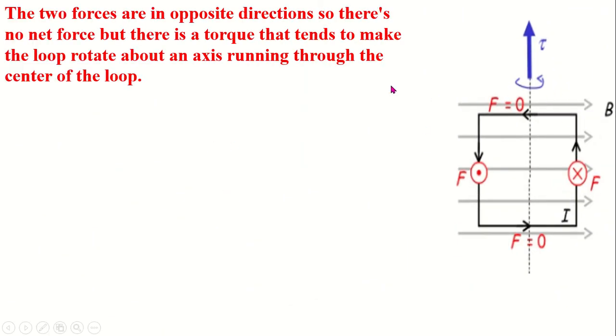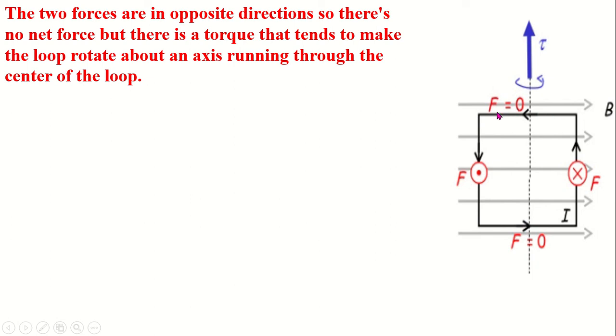So the two forces are in opposite directions, so there's no net force, but there is a torque that tends to make the loop rotate about an axis running through the center of the loop. Look here, at this arm force is equal to 0. At this arm force is also equal to 0. Why 0? Because here the direction of current flow and the magnetic field are at 0 degree, and here it is 180 degree.